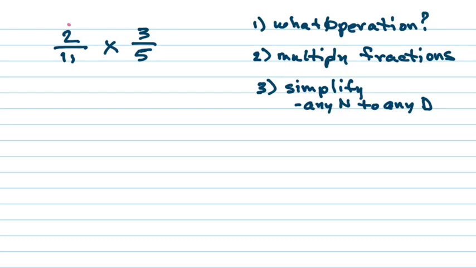What is our second numerator? 3. And our denominators, again, are 11 and 5. Is there anything that'll divide into 11 and 3 at the same time? Be careful. No. Is there anything that'll divide into 3 and 5 at the same time? No.